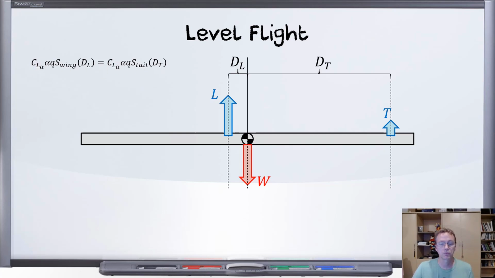The CL alphas will cancel, that's on both sides of the equation, as is the alpha and the Q. So those will cancel out, and we are just left with this very simple relationship that lets us describe how we want to arrange the tail and the wing with their sizes and their distances to keep us nice and balanced. And just for simplicity, let's put this in terms of that DL, which is the distance from the wing to the CG. So what we have is that equation right there.